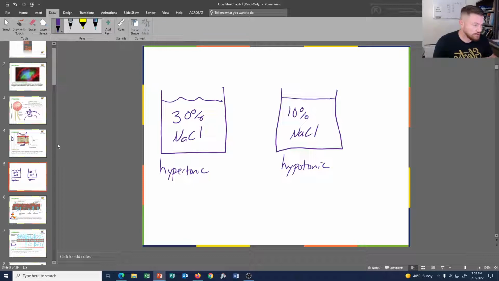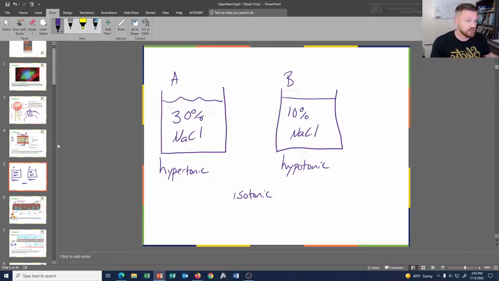And so the reason I wrote those underneath these beakers, if this is beaker A and beaker B, well, beaker A has a higher solute concentration than beaker B. Therefore, beaker A is hypertonic, beaker B is hypotonic, because beaker B has a lower concentration of solutes compared to beaker A. So that's tonicity. If they are equal, if both beakers were 30%, then that would be isotonic, right?